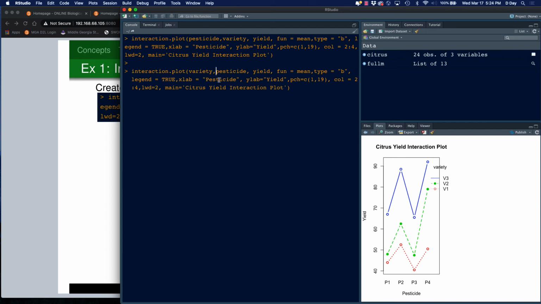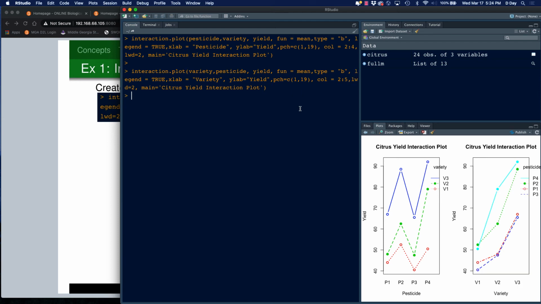So my X label should now be variety. All right, and the Y label can stay yield, but everything else will pretty much stay the same. I should have 4 colors now instead of just 3, so I'm going to change this to 2 through 5 to give myself the fifth color here on the colors of the lines.